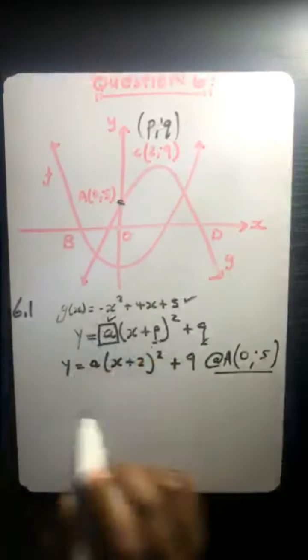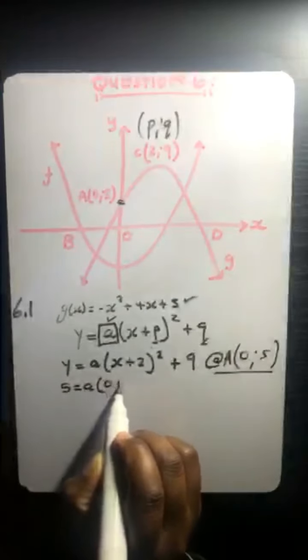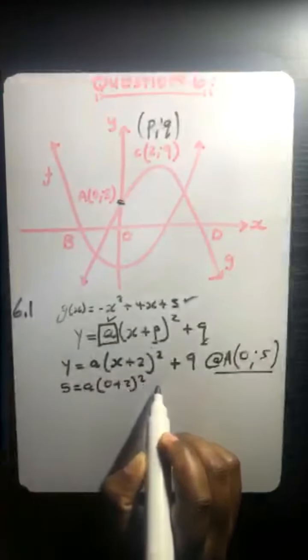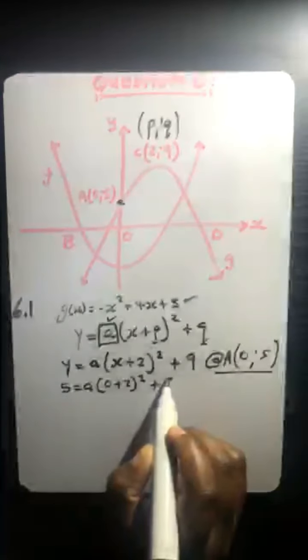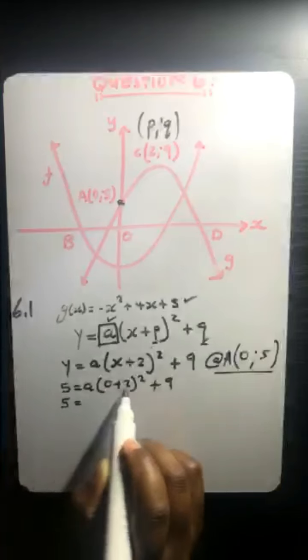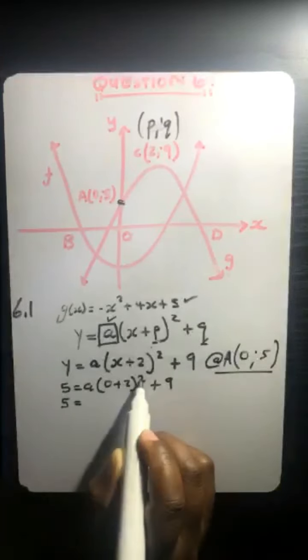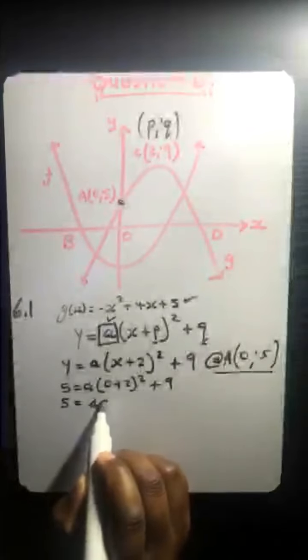So what is Y? Y is 5. It's equal to A into x, which is 0 plus 2, squared, plus 9. We have 5 on the left. Here, 0 plus 2 is just 2. 2 squared is 4, so we have 4a.